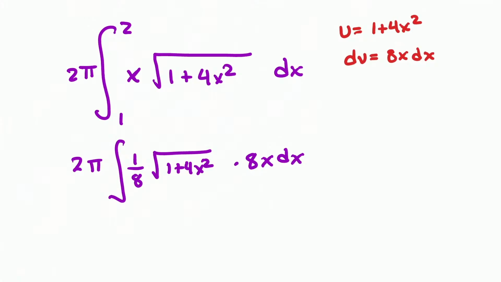Some of you got it right, and you're fine. If you can skip this without making a mistake, that's great. But I find that writing this down really helps me to focus on having my du right there, and the 1/8 makes sense as to where it came from.